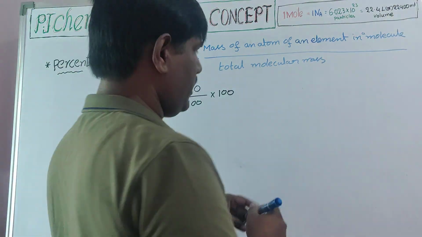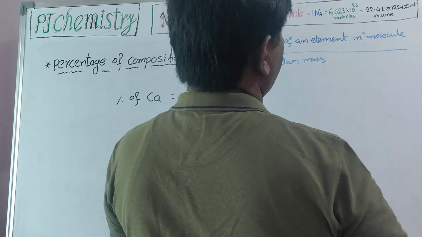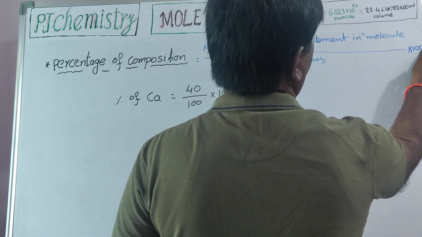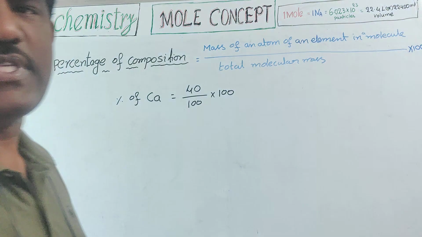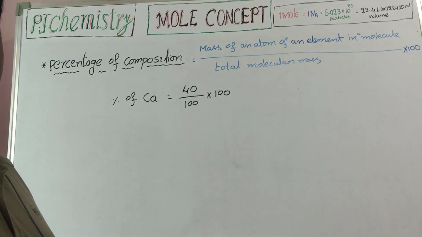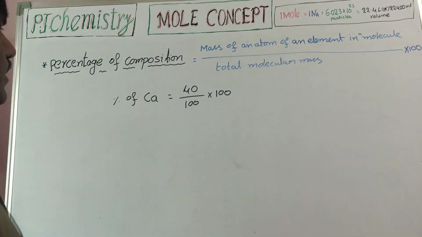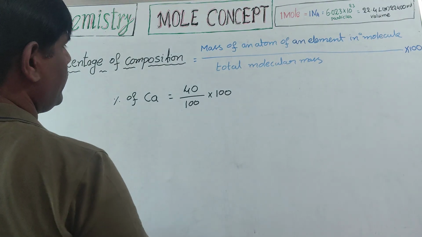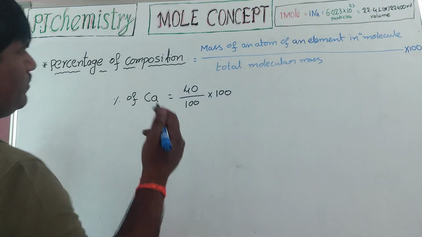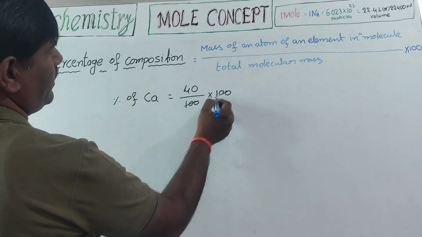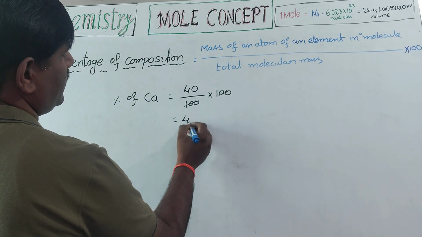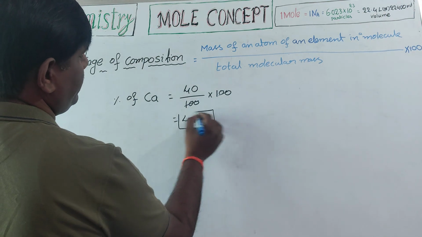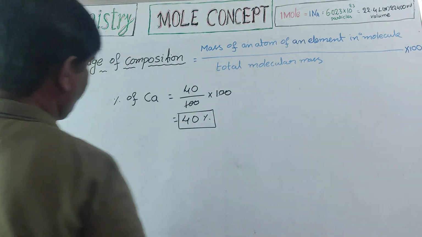Sorry, here I didn't mention: percentage means compulsorily we need to multiply with 100. Now here, 100 gets cancelled. The percentage of calcium in calcium carbonate is 40 percentage.